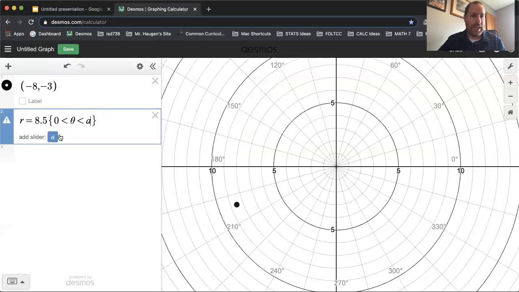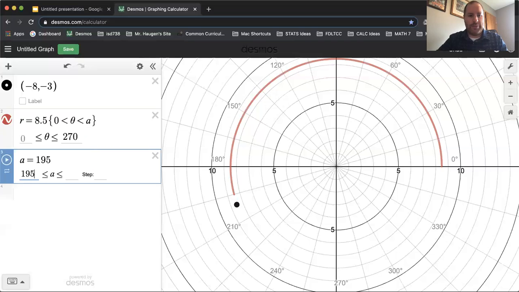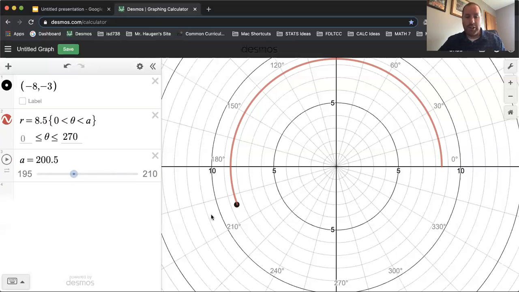So I could type in A and add a slider and say, let's let this big angle be somewhere between 195 and 210, right? And now I could slide this angle along here, and you can see the red line move as I adjust the end angle and say, okay, probably somewhere around 200. So I know that this point approximately should be somewhere around 200.